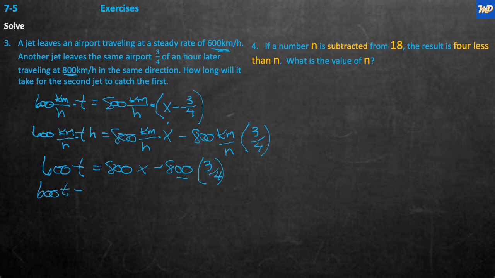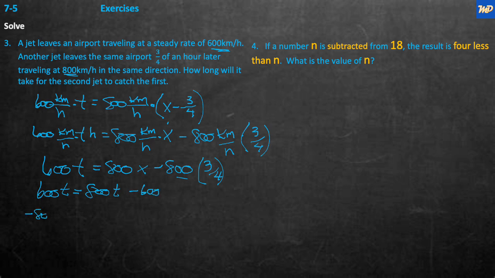600t equals 800t. I put x. Sorry. Okay, t minus 800 divided by 4 is 200, times 3 is 600, minus 600. Okay, so now we can move the 800t.